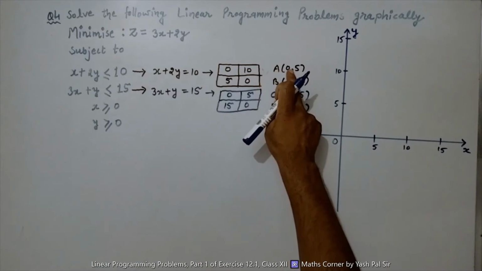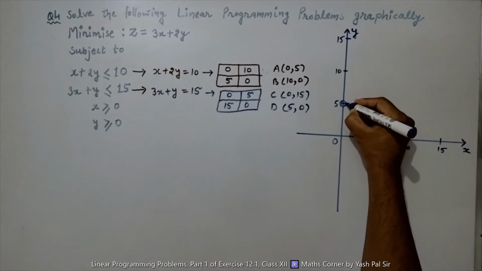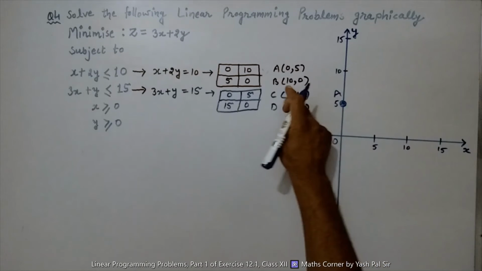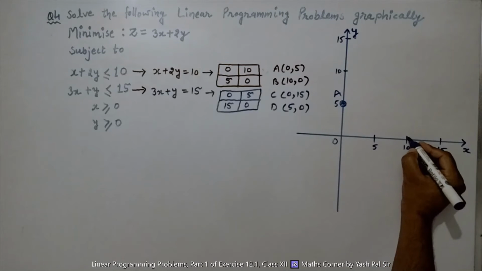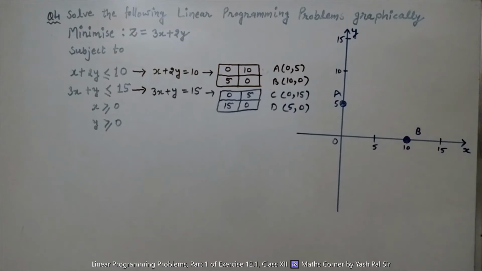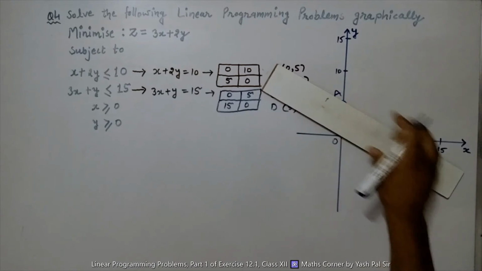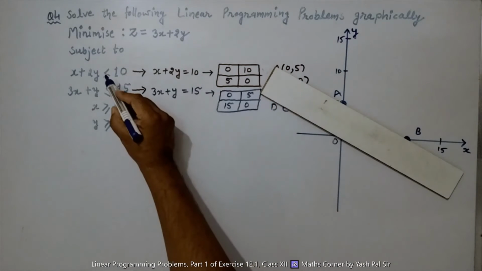The very first point, point A, x 0, y 5. So this is point A. Second point is B, x is 10, y is 0. So this is point B. Right? Now we join AB. How do we join?